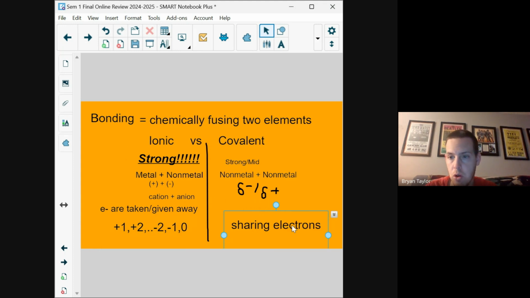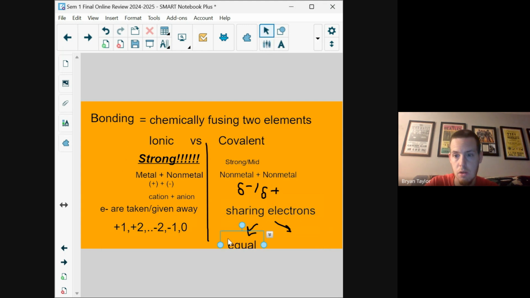And then, of course, as you all know, sharing goes into equal and unequal. And that's kind of a good place to start. So essentially, that's bonding just basically in general. And it really all stems from that.